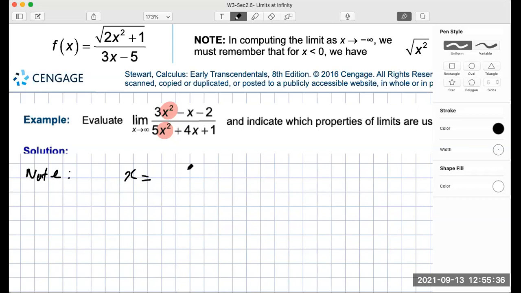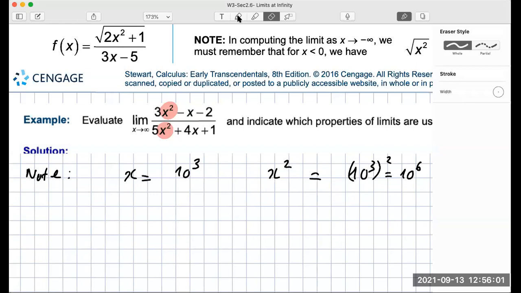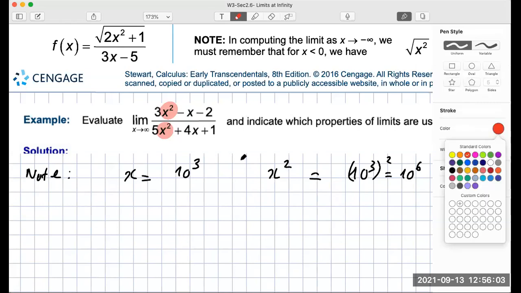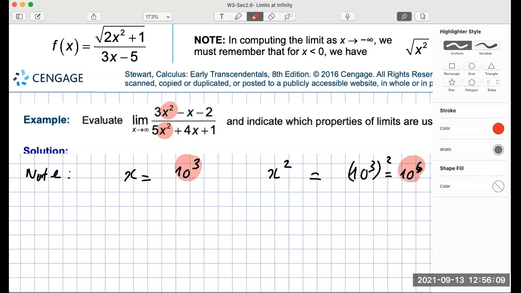If x is equal to 10 to the 3, what is x squared? It means we are comparing 1,000 to 1 million, right? So which one is bigger between these two guys? Yeah, 10 to the 6 is a lot bigger, right?